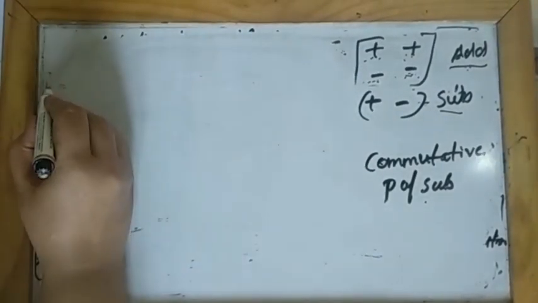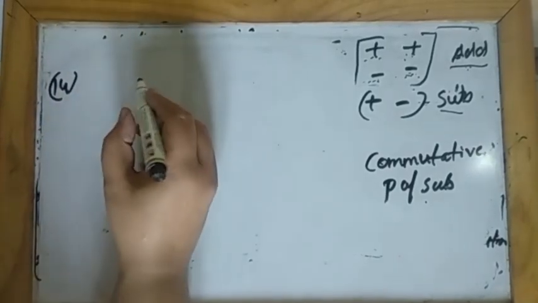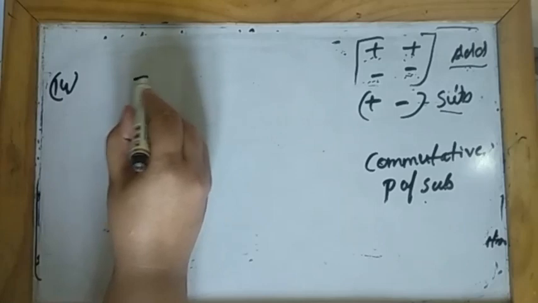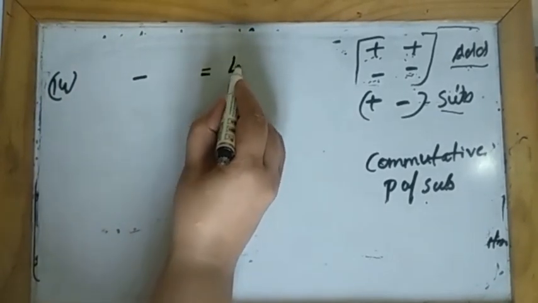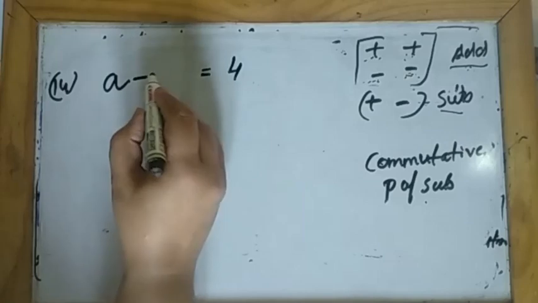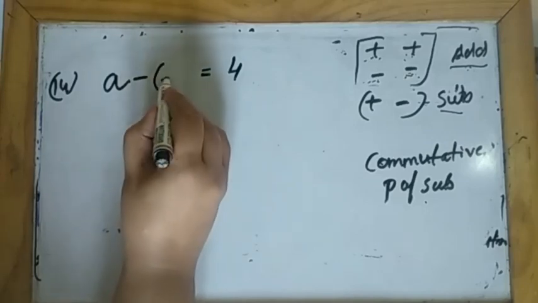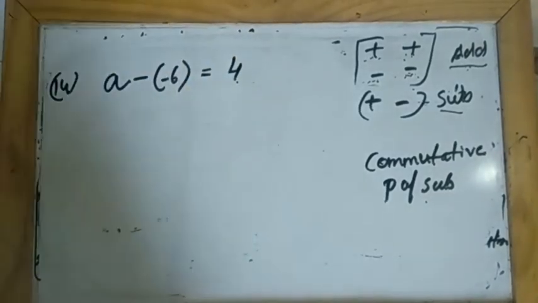Now come to the 14th question, which says the difference of an integer a and minus 6 is 4. Now what do you mean by difference? It means subtraction, and difference means the answer that you get after you subtract two numbers. Let me read this question again.